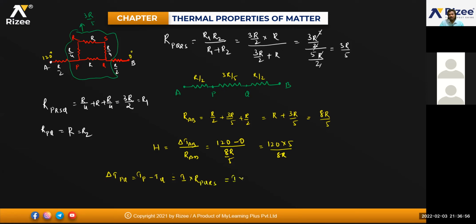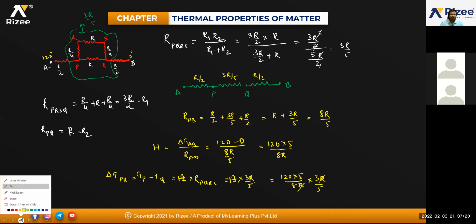Total current is I into 3R divided by 5. This I is nothing but heat current only, this is H, and this one is also H. So H value is 120 into 5 divided by 8R, into 3R divided by 5. This R will get cancelled.